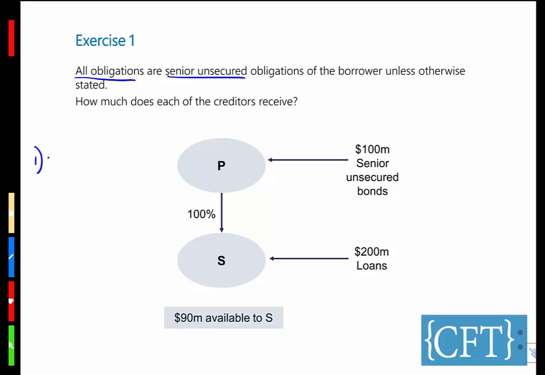We're going to ask ourselves the question, how many claims does the company have on its assets? So we'll look at where the assets are, and then we'll ask how many claims does that company have on its assets. Secondly, how much is each claim?